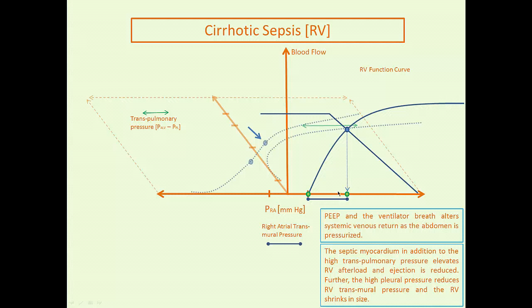So here I'm saying the septic myocardium has diminished the right ventricular cardiac function curve. And this transpulmonary pressure, which is high because of the diminished respiratory system compliance relative to the chest wall compliance, tends to impair RV ejection, but the increase in intrathoracic pressure from the PEEP effect tends to shrink it. So again, it just goes to show you that in patients like this, it can be very, very difficult to explain their physiology.